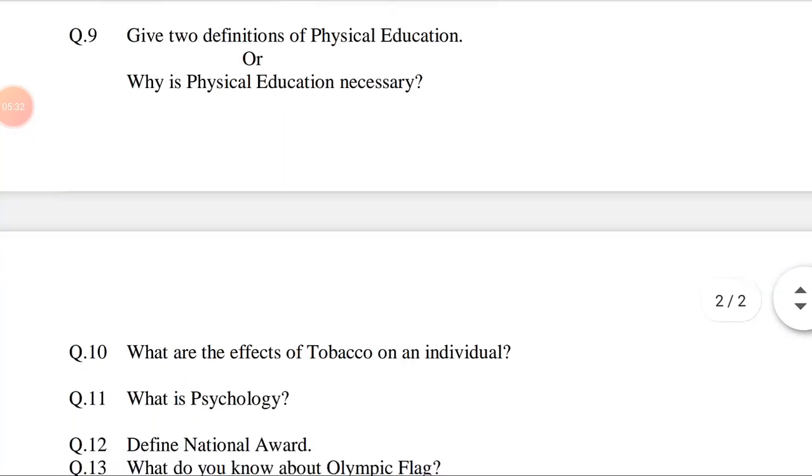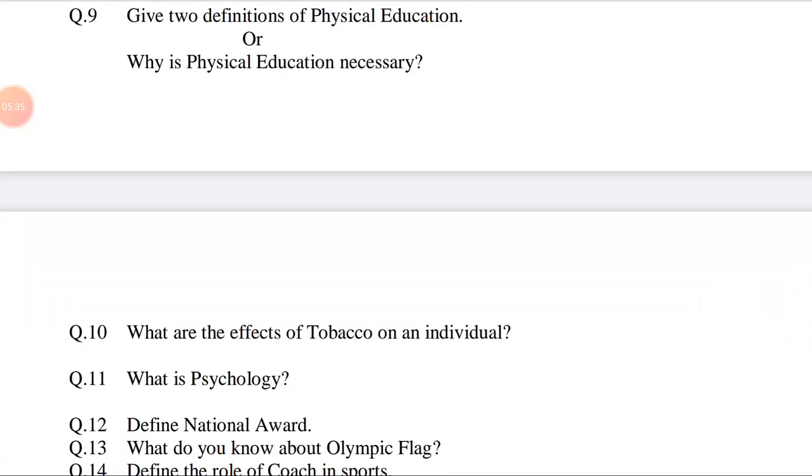Question number 10. What are the effects of tobacco on an individual? This question is related to chapter number 5, Health and Family Education. Effects means change, result, consequences. Tobacco means a plant with leaves that have high levels of addictive chemical nicotines.